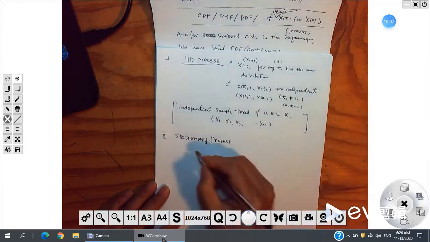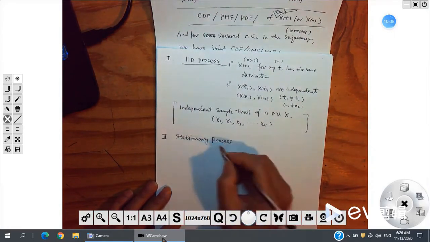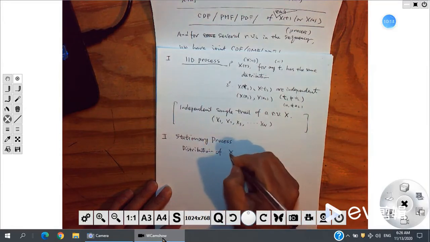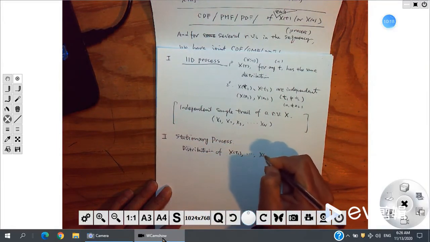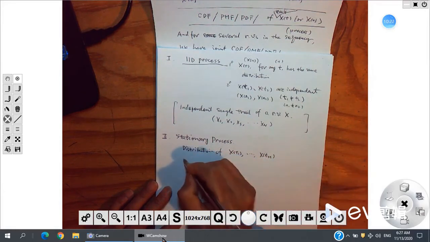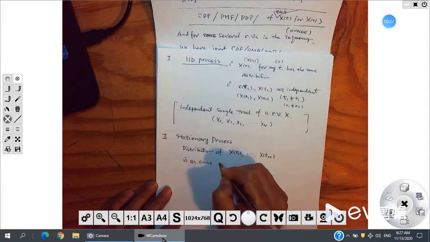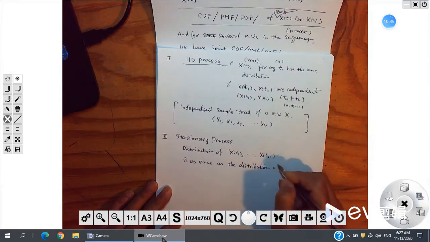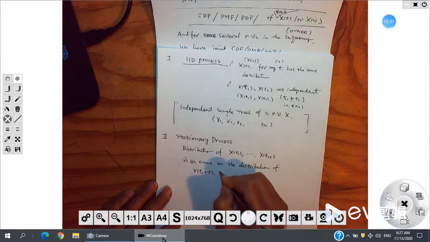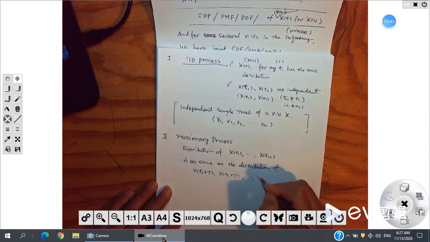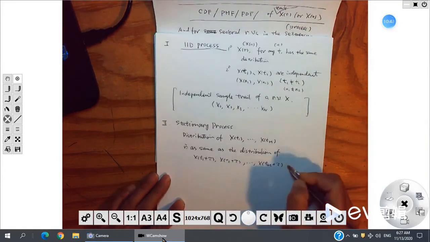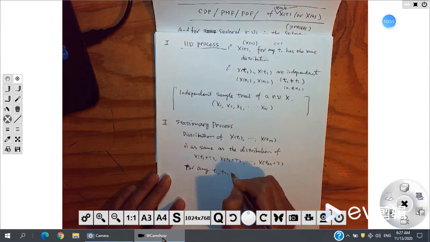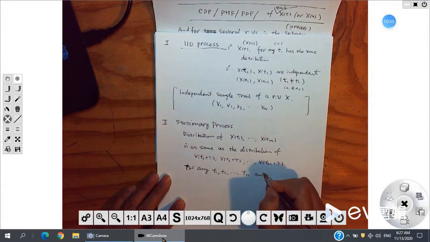For a stationary process, the distribution of X_t1 until X_tm is the same as the distribution of X_(t1 plus tau), X_(t2 plus tau), until X_(tm plus tau), for any t1, t2 until tm and any tau.